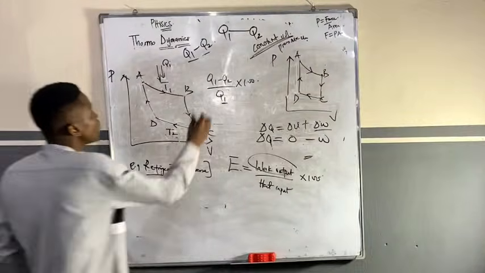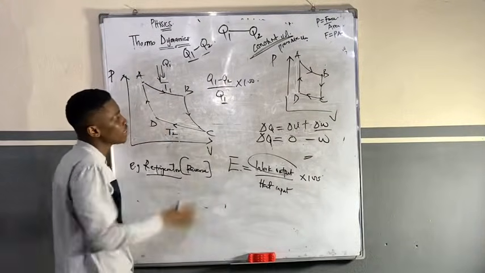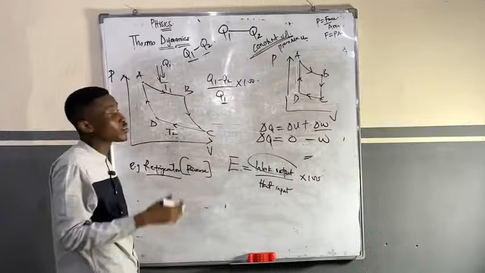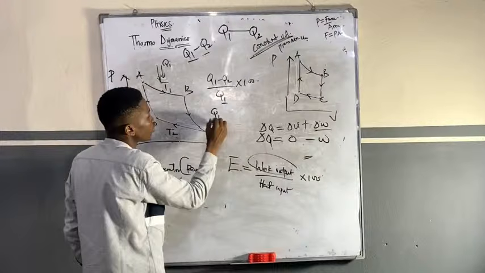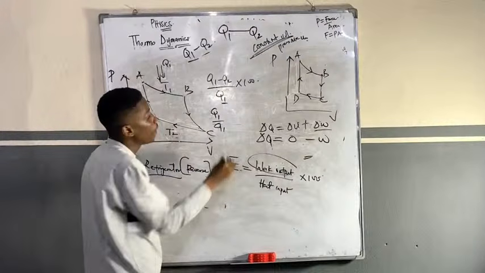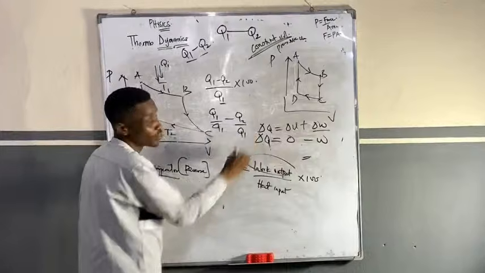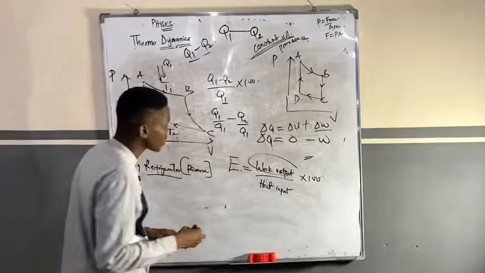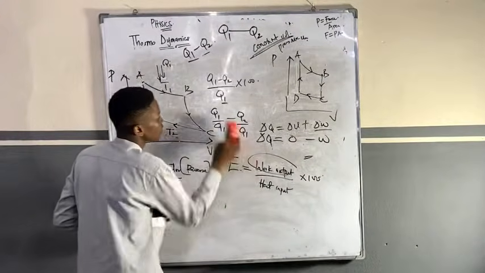Now, please look up the formula. Let's do it normally. This is LCM. This will be Q1 over Q1 minus Q2 over Q1. Do we all believe that this is math? Let me clean the board for you to see.